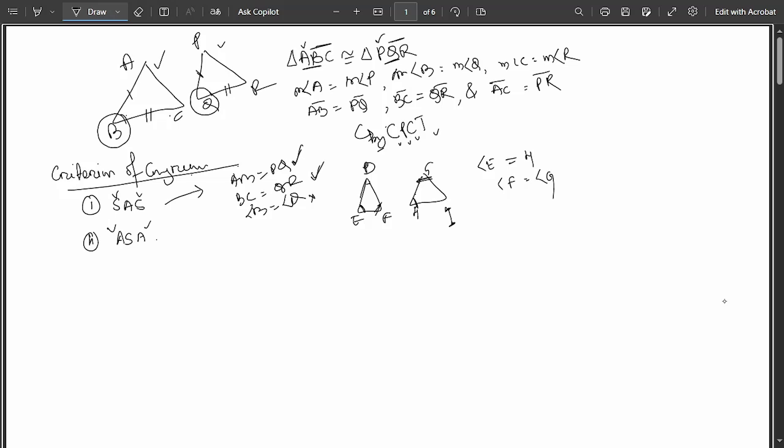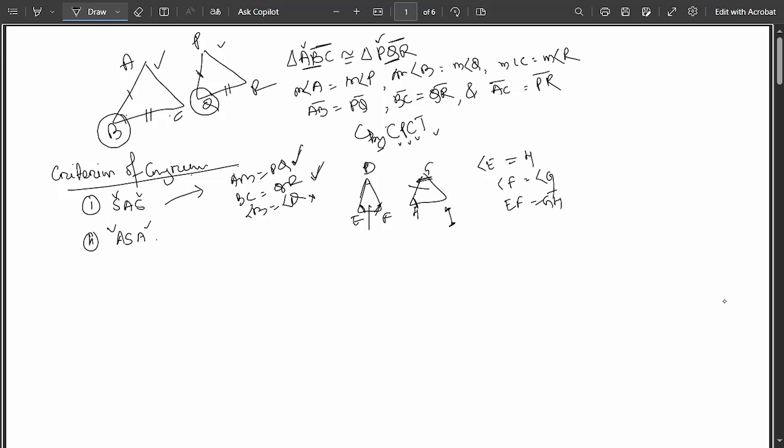The intermediate side of angle E and angle F is EF, and the intermediate side of angle H and angle G is GH. If EF equals GH, then we can say that these two triangles are congruent by ASA congruency.